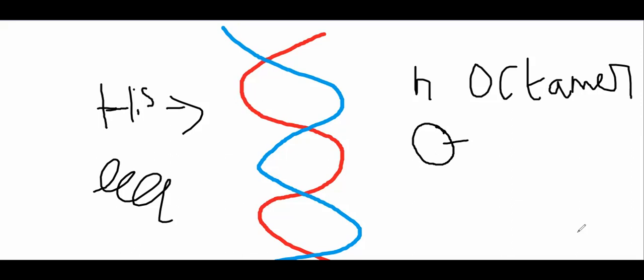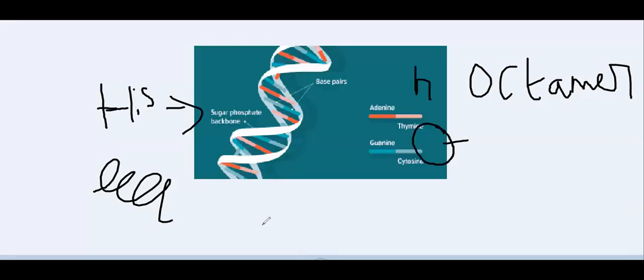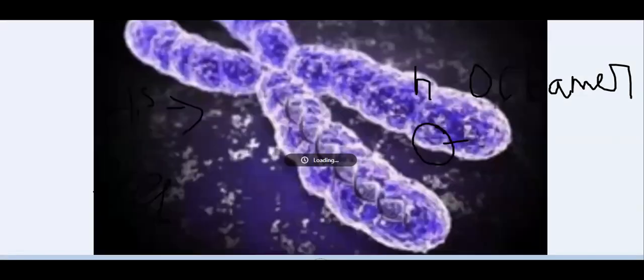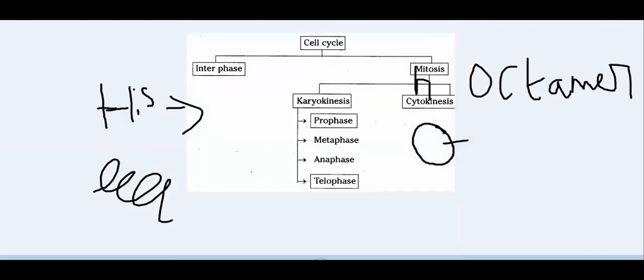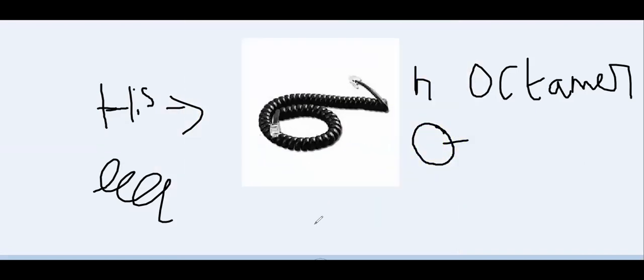The entire chromatin fiber is coiled and supercoiled, something like the coils and supercoils we see in a typical telephone cord.